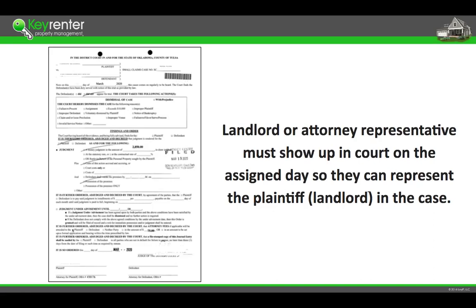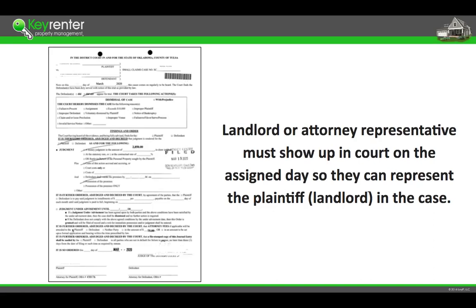So there are a bunch of options. The defendant at the top, you can see there's a date. The plaintiff and the defendant are both named, and then it says whether the defendant actually showed up. If they don't show up, it's uncontested, and the landlord is granted, by virtue of the defendant not showing up, the landlord is granted possession of the property.